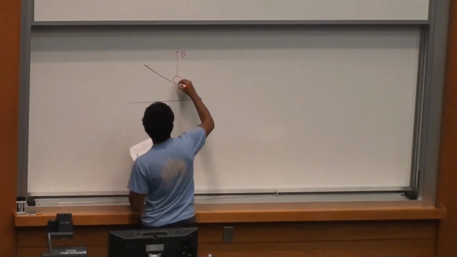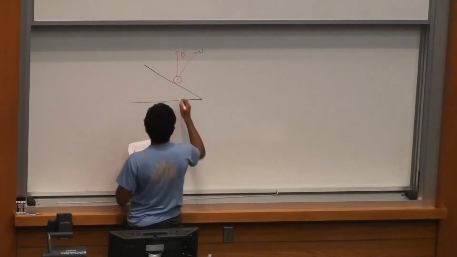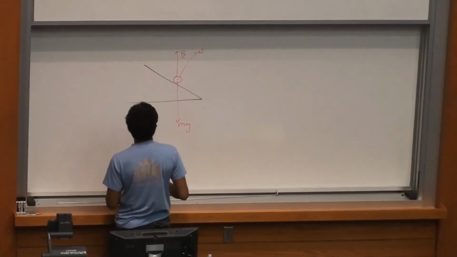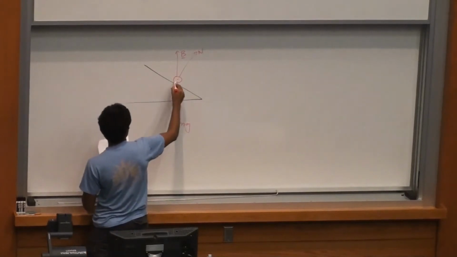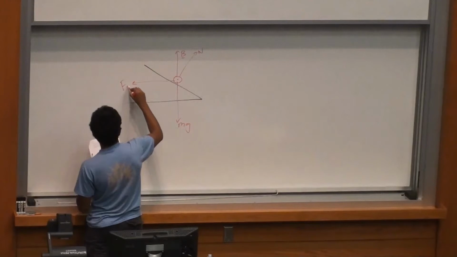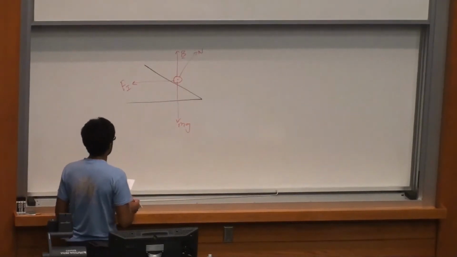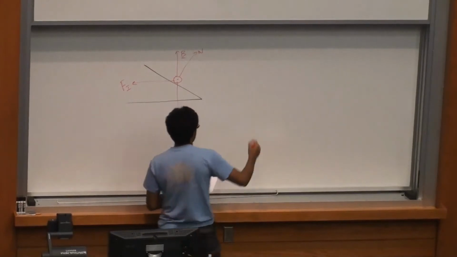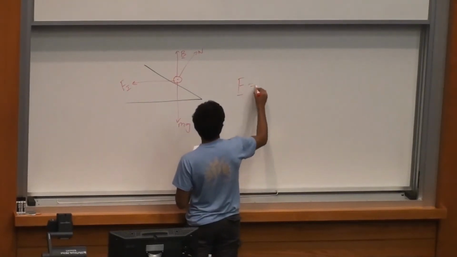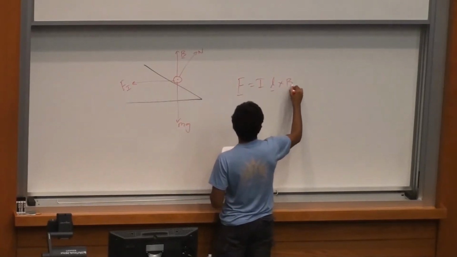And the normal force is going to be perpendicular to this surface, so I have my normal there. Mg is going to go straight down. And the force I want due to the current is going to be in this direction. Call that Fi. We know, or you know also from chapter 27 it should be, force is the current times length cross B.